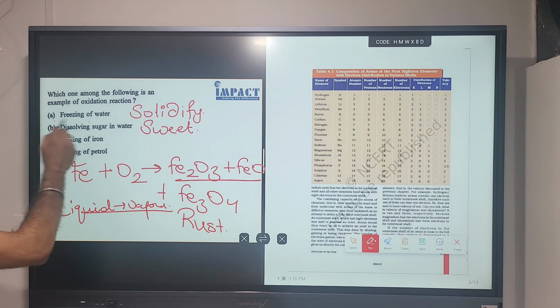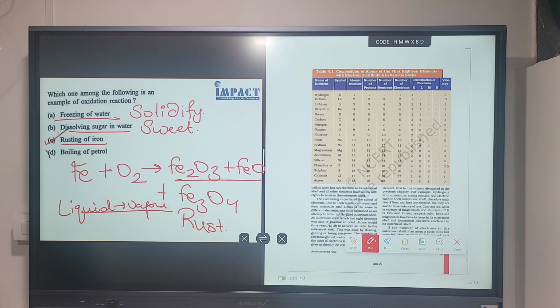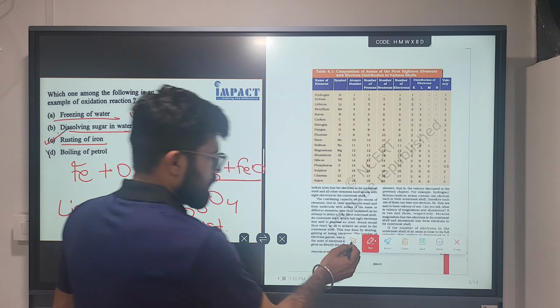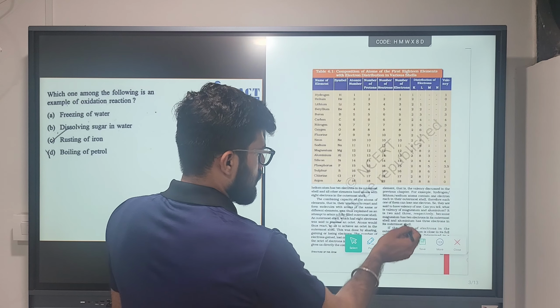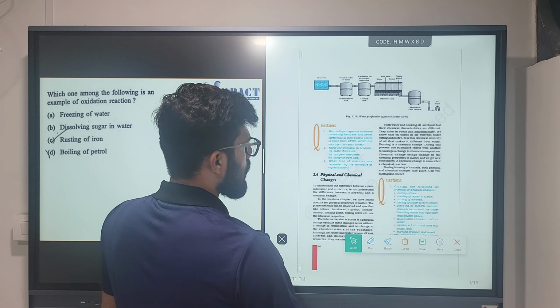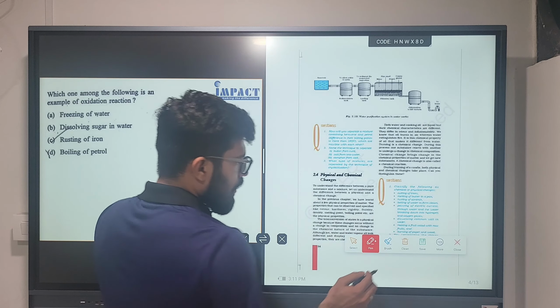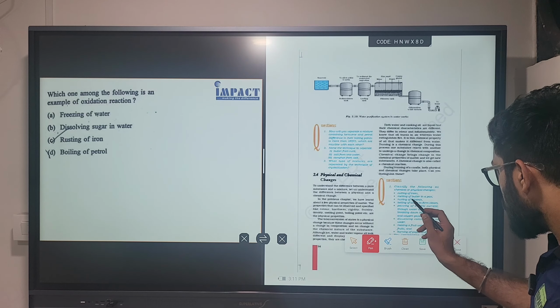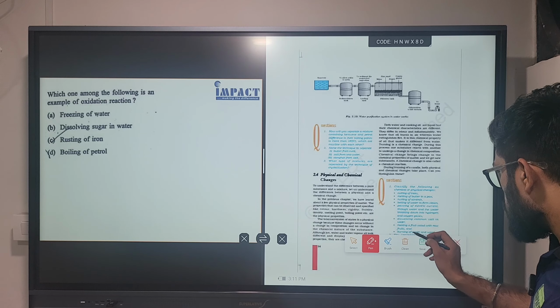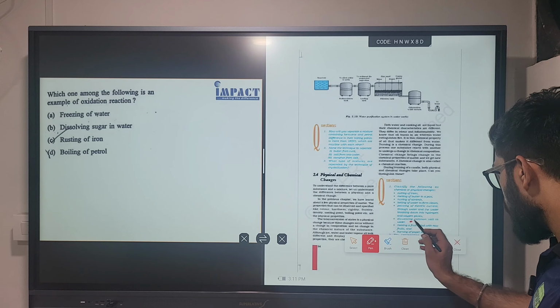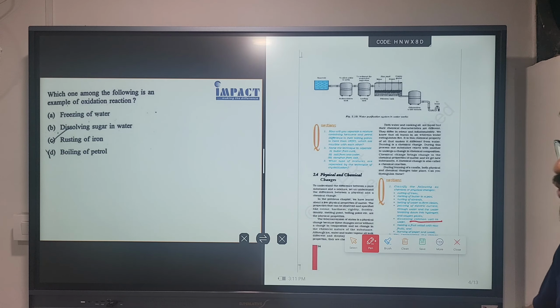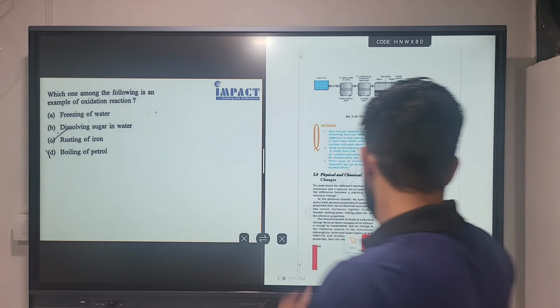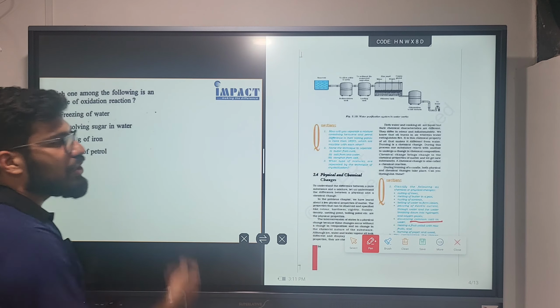These statements are coming from the NCERT directly. I will show you that. Here you can see this is the portion which they have asked. Dissolving common salt in water. I have shown you the NCERT also. Instead of dissolving common salt, they said dissolving sugar.